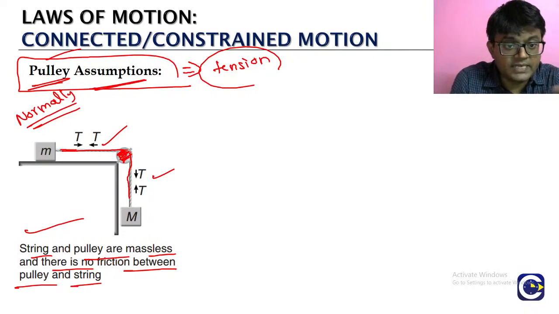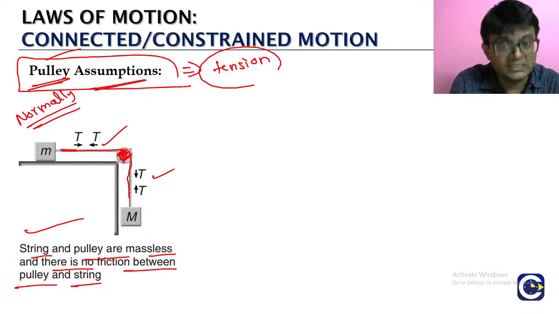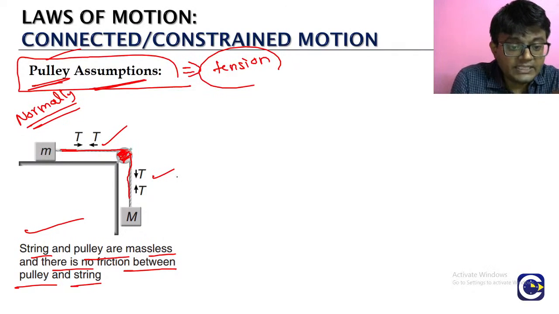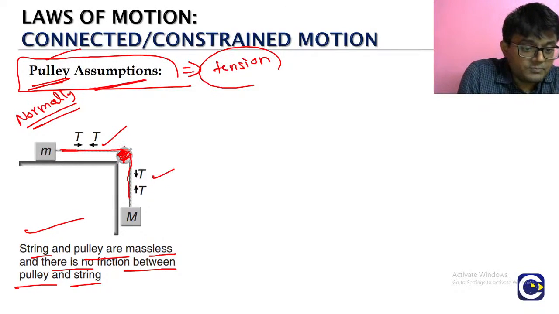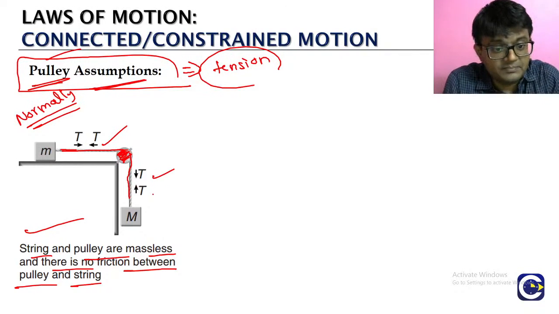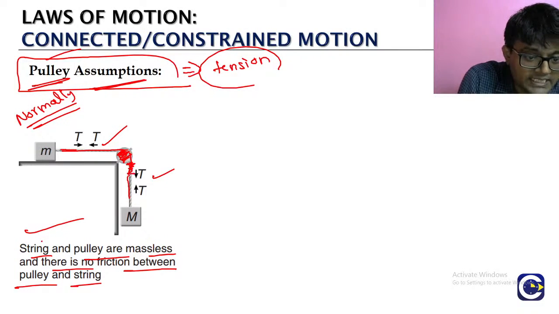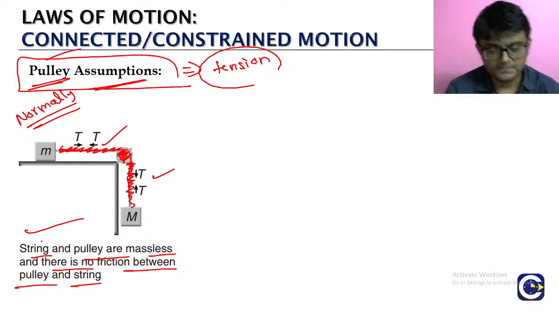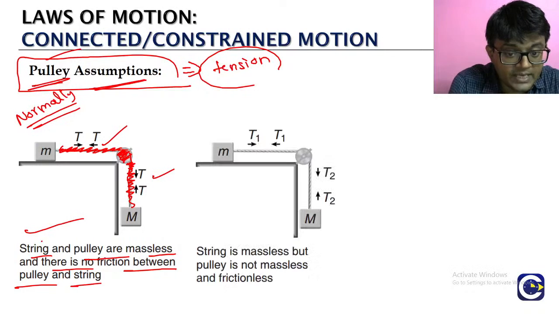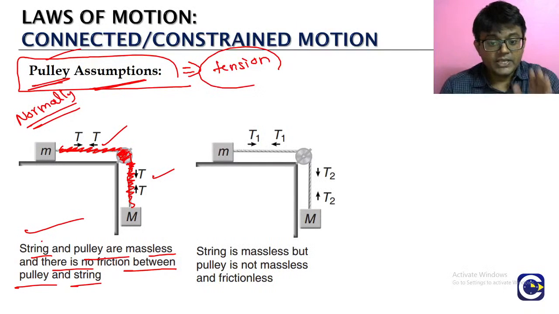Here what are we taking? We are taking the pulley to be what? Massless, and there is no friction between the pulley and the string. What is that assumption? The tension on either side of the pulley, this side and this side, will be what? Same. And we are assuming the rope to be massless, which means what? Totally on this side the tension will be the same, and similarly totally on this side the tension also will be what? Same. If that is not the case, then we are going to look at case 2.